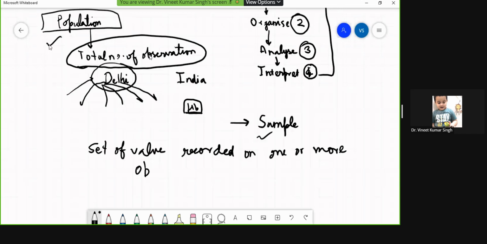Now to find out one value that is representative of whole data, there are certain basic statistics, which is arithmetic mean. So the main objective is to find out one value that represents the entire data set.